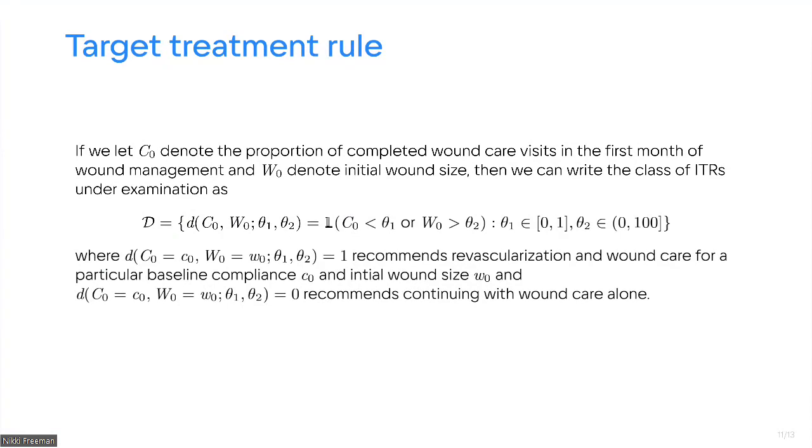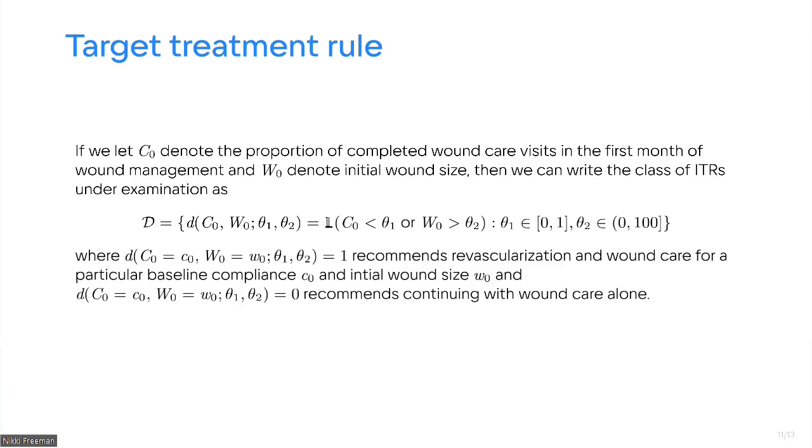So let me show you the type of rules that we were considering. This looks very complicated, it's actually just that I wrote this very poorly. We're looking at rules that revascularize if the baseline compliance during that trial of wound care is less than θ1, or if the initial wound size is bigger than θ2.